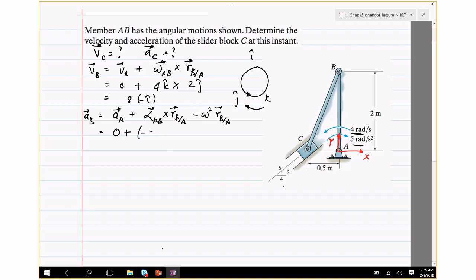Negative k, because 5 is in the clockwise direction. The vector from A to B is 2j, minus omega, which is 4 squared, times the vector from A to B, which is 2j. So again we have k cross j, like the previous case, so minus i, and minus 4 squared, 16 times 2, 32. So acceleration of B is 10i minus 32j.